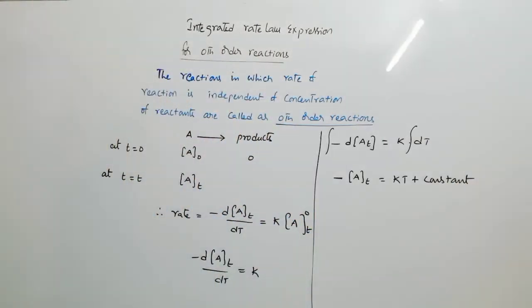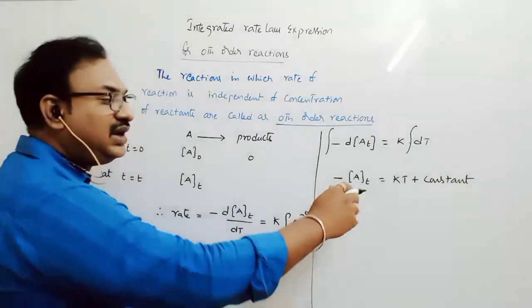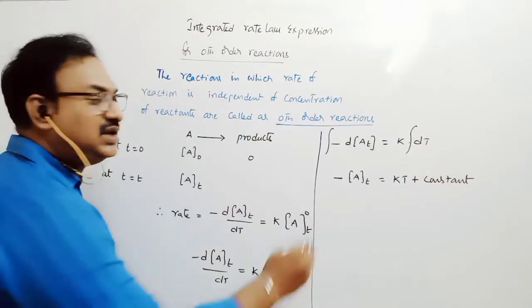So by integrating the equation, you get this kind of equation: minus concentration of A at t time is equal to kt plus constant.